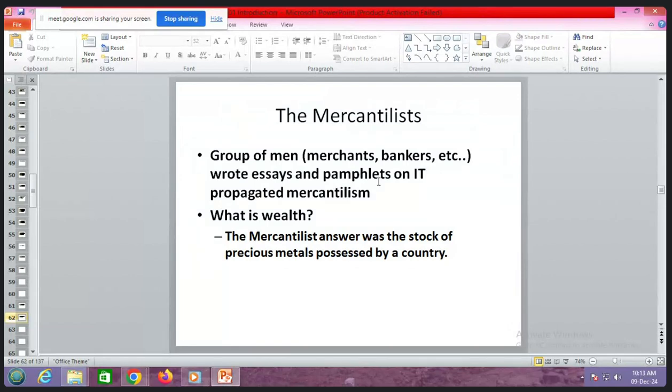So the first theory, which we call mercantilism, has come from the word merchants.